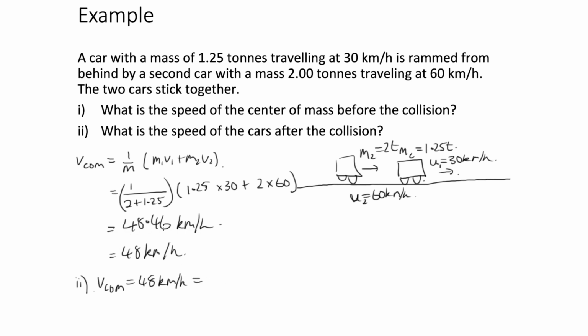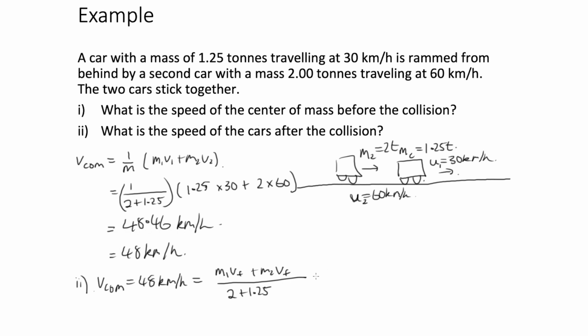And that is still equal to 1 over the total mass, which is 2 plus 1.25, times m1 times the final velocity plus m2 times the final velocity. And now they've got the same final velocity because we're told that they stick together.